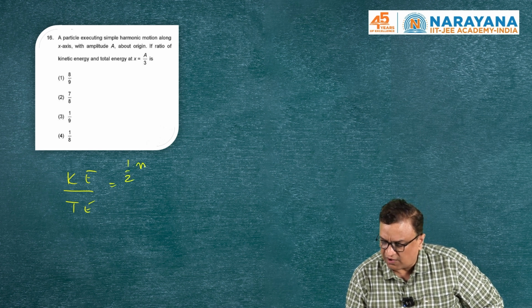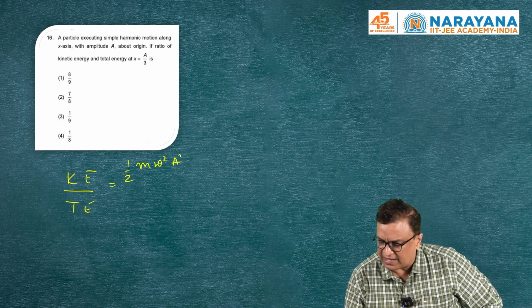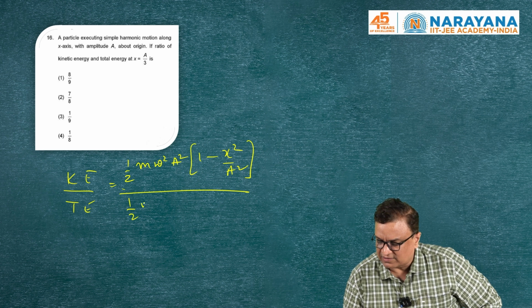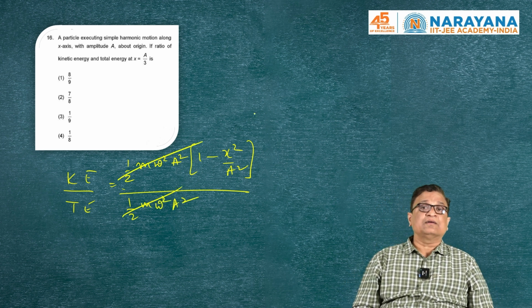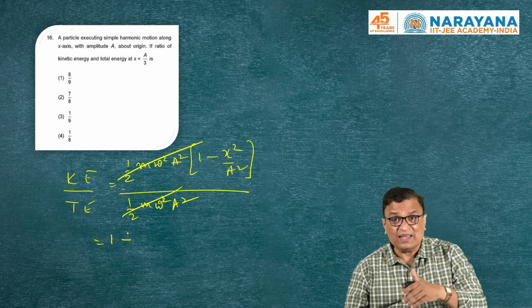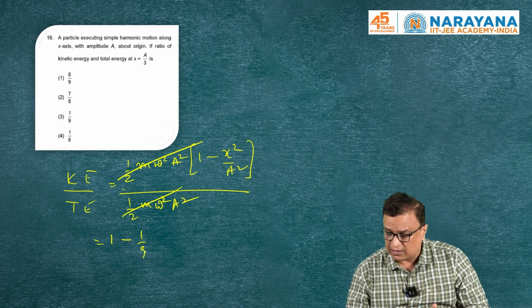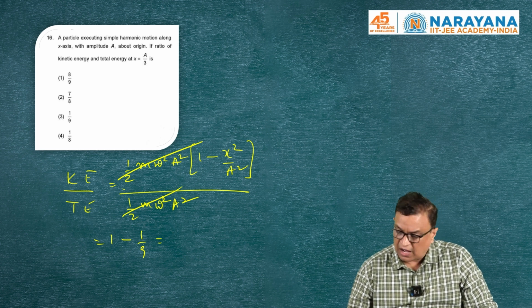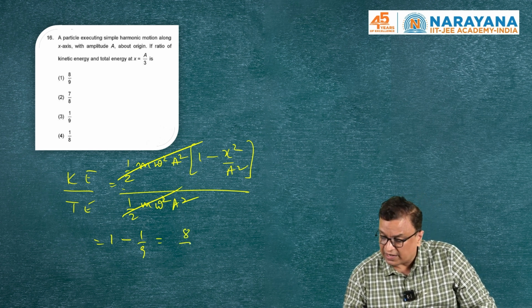KE is half m omega square A square times 1 minus x square by A square, divided by half m omega square A square. Done. This is equal to 1 minus, x by A is 1 by 3, 1 by 9. So therefore, for the 16th question, the answer is going to be 8 by 9.